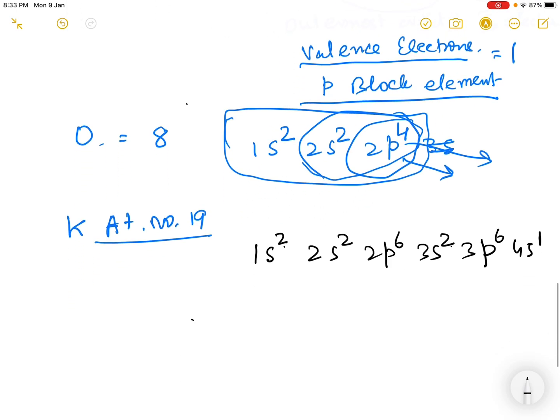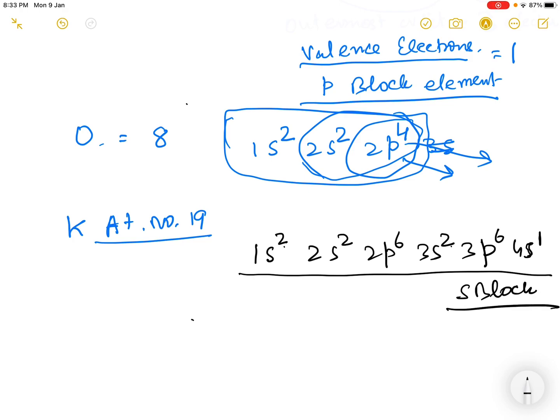So this is the electronic configuration of potassium, and here the number of electrons in the outermost orbit is 1, and it is an s block element, and the number of valency electrons is also 1, because the maximum number is 4.